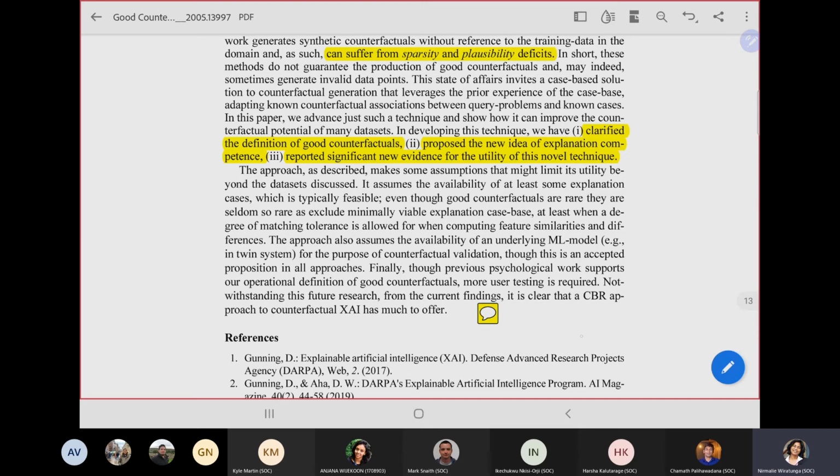Counterfactuals might not be suitable if we are working with images for image recognition. I'm not sure how that works. But in many of the other situations where actionable knowledge is important, I think counterfactuals are very useful.